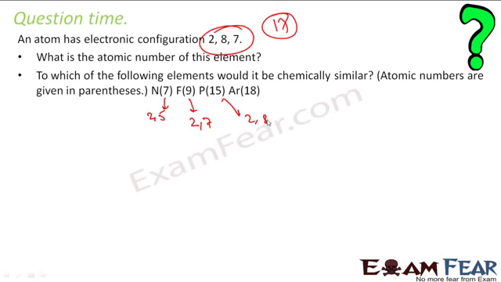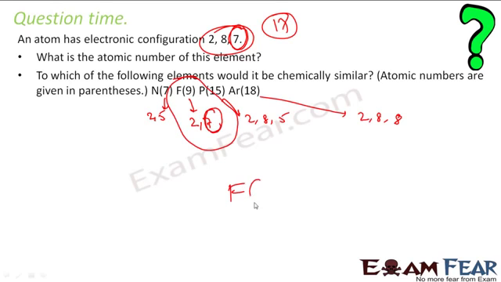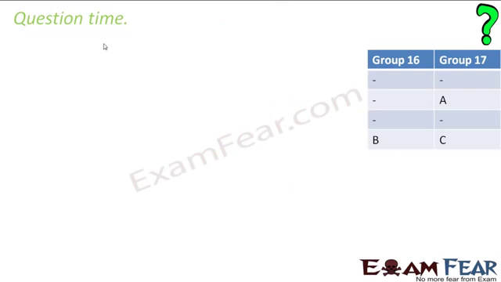This is 15, so this becomes 2, 8, 5, right? This will become 2, 8, 8. Now I have 7 in the valence electron. So I am looking for 7 in the valence electron. That is, I am looking for this guy F. So my F 9 is the answer. F 9 will be chemically similar to this particular atom because both have a similar number of electrons in the valence shell.